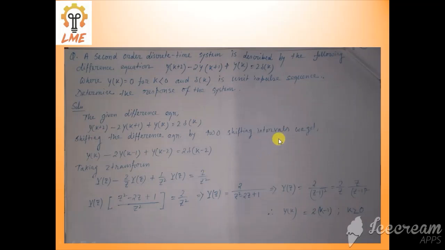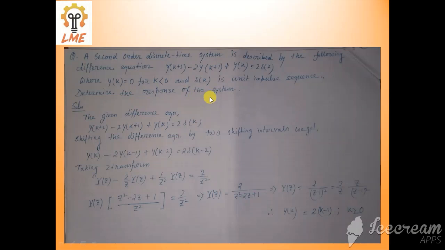Now see, this is the second question, also on the topic of the solution of difference equation. A second order discrete system is described by the following difference equation. That means this difference equation is describing the dynamics of a discrete system, where y(k) is equal to 0 for k less than 0, and delta(k) is the unit impulse sequence.